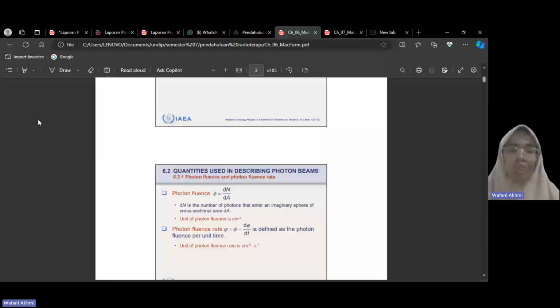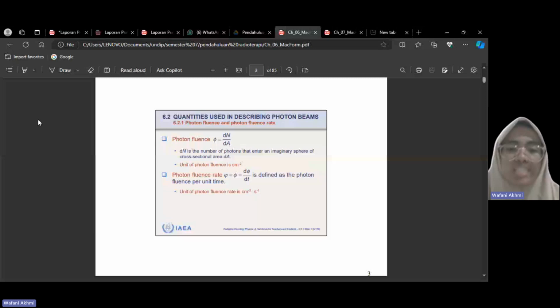Then 6.2.1, photon flux and photon flux rate. Photon flux is phi equals dN divided by dA. dN is the number of photons that enter an imaginary sphere of cross-sectional area dA. Unit of photon flux is centimeter to the power minus 2.